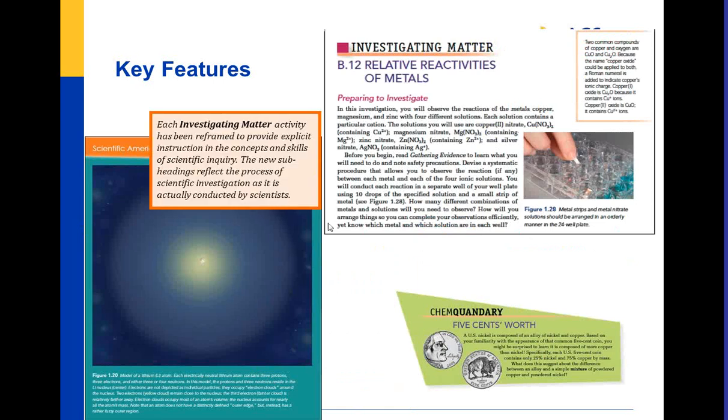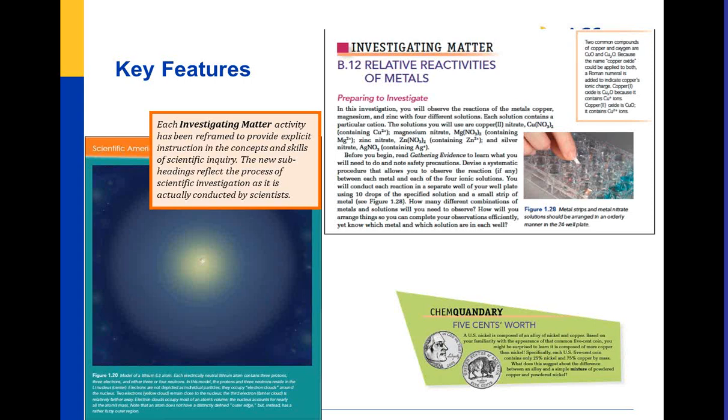Some other key features, we have the investigating matters. All of our investigating matters are in this like fuchsia blue or purplish color. And those are all of the labs. So there's, I think, over 35 investigations included in the textbook. And they build on the story, and they build on the progression of the chapter.